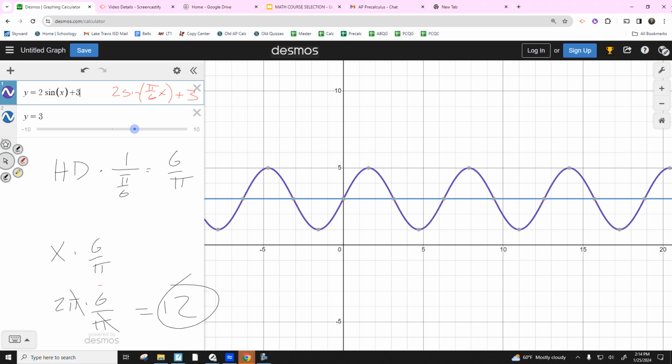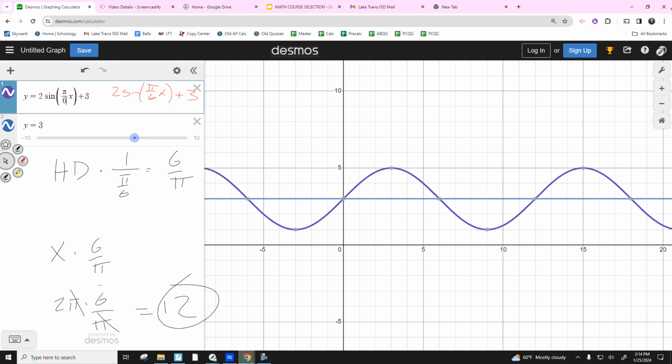Now I'm going to help you out if you couldn't really put that together, because horizontal dilations are tricky. What you did is you took 2 pi and you multiplied it by the reciprocal of b. You took 2 pi and you divided it by b. We start at 0. We repeat ourselves at 12.